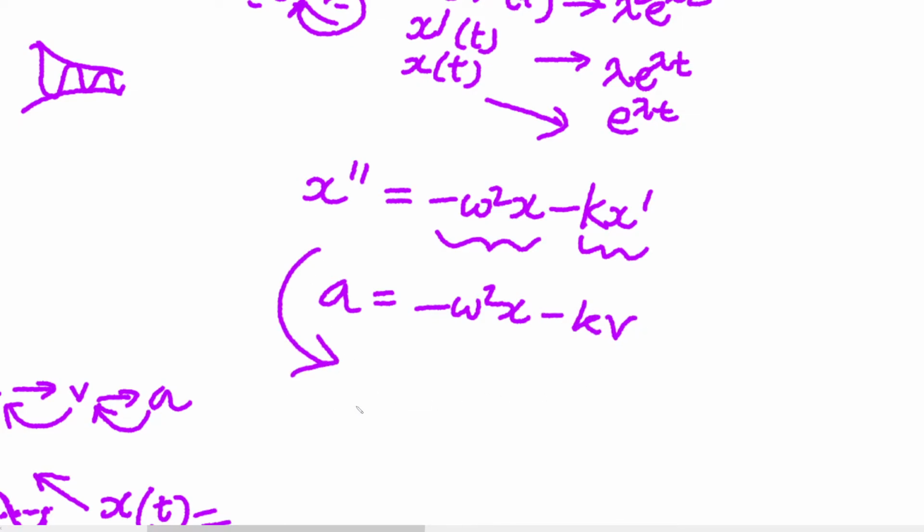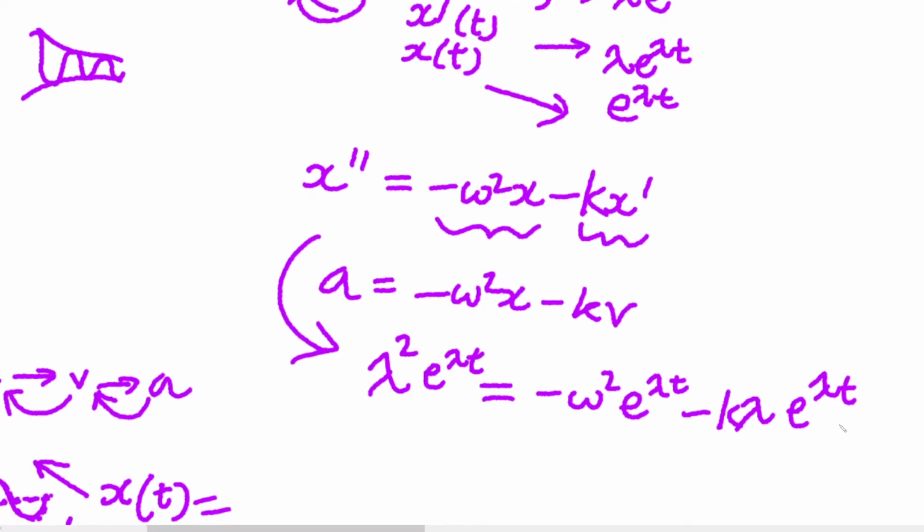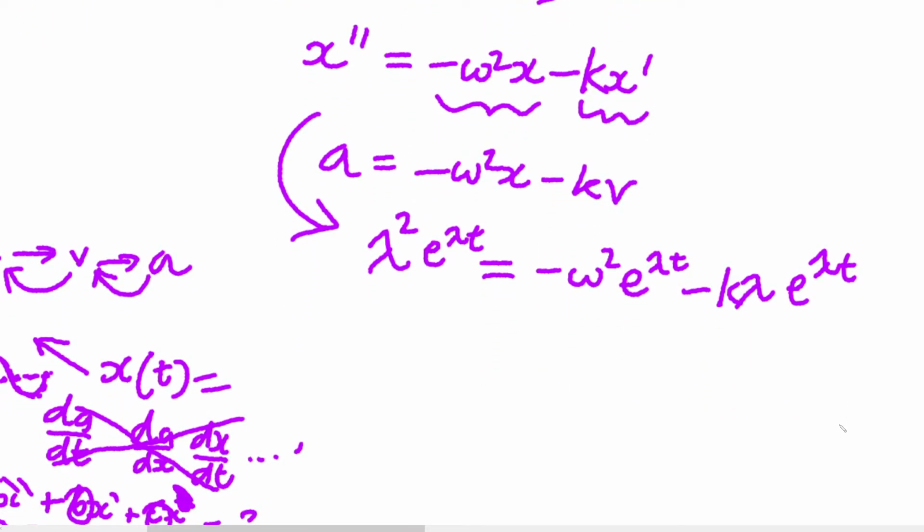So, going back to this differential equation form, we get lambda squared e to the lambda t is equal to minus omega squared e to the lambda t minus k lambda e to the lambda t. And again, with this technique, the beauty of it is that you have this e to the lambda t term, which cancels out across all of the differentials or functions that it appears in.